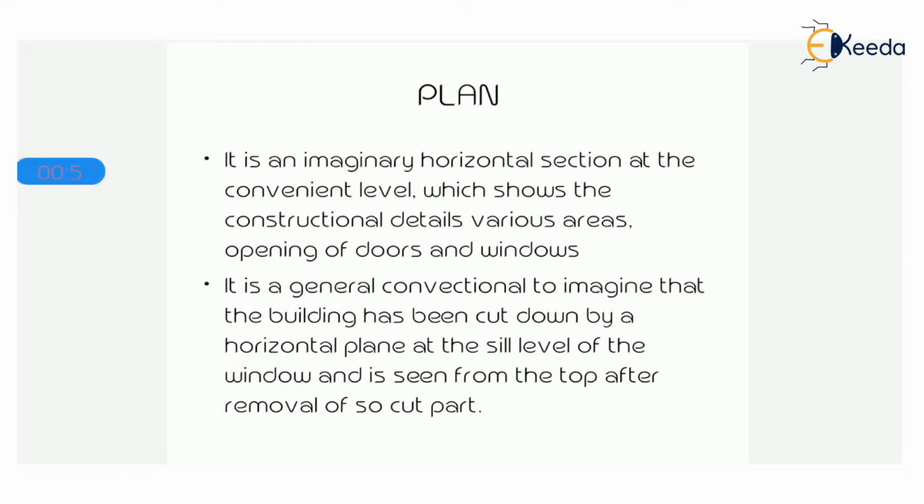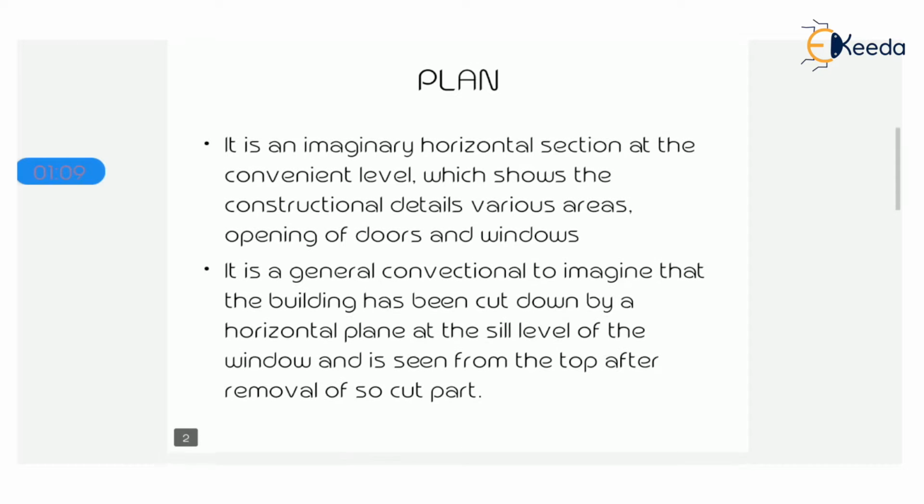It means that plan is nothing but the top view of a building cut from the sill level. We can cut any plan of a building at that level and see from the top, and the details which can be seen from the top will be drawn in a plan.